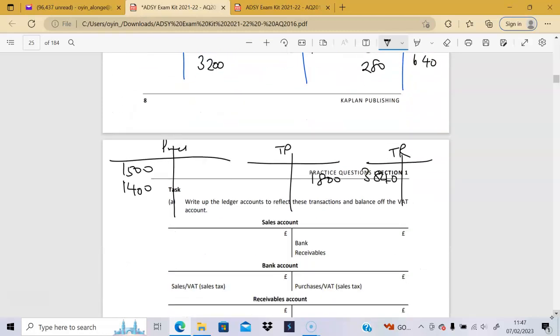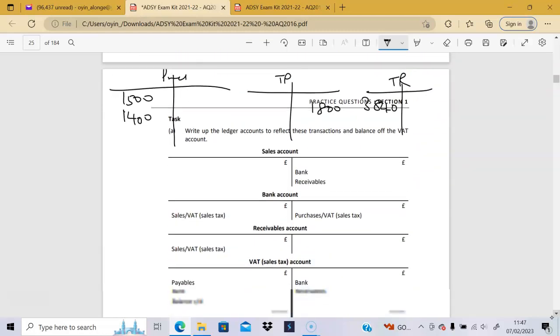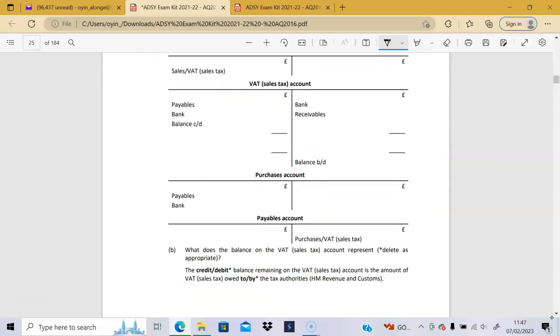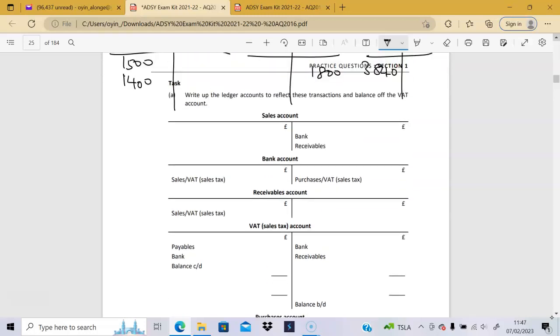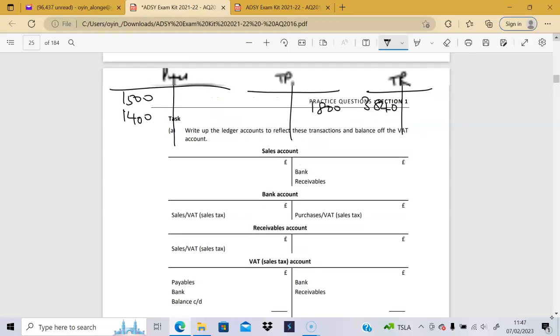Oh, actually, well, there you are. So there was an actual, they didn't give us a bank account, but there was an actual purchases and payables, and there was a bank account. There you are. And that's kind of, well, yes.